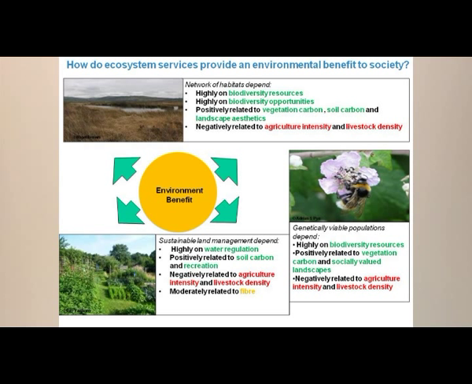So it would be positively related to vegetation and soil carbon, and positively related to landscape aesthetics, as these 3 features contribute to the whole picture of networks and habitats. But it would be negatively correlated to agricultural intensity and livestock density, because both of these features would detract from the environmental benefit. Similarly, the other 2 features have similar relationships but different connotations and slightly different interactions.